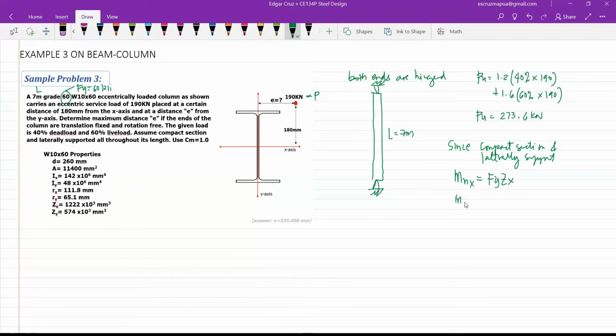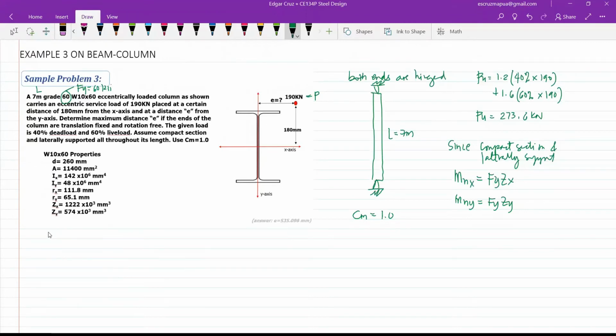Likewise, for moment about Y, since it is a compact section, Mny would be Fy Zy. Those are the implications of those statements. Then the Cm value is also given, so we will not solve for Cm. It is 1.0. Then the properties of the W10 by 60 section are all given, such as the depth, the area, the inertia, the radius of gyration, up to the plastic section modulus.